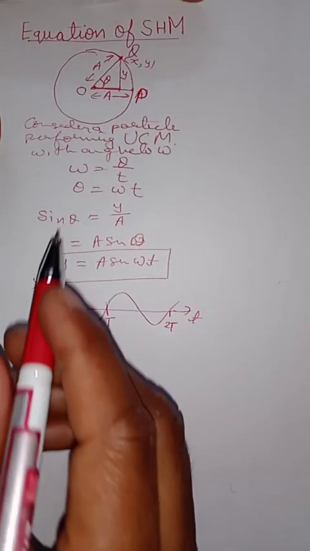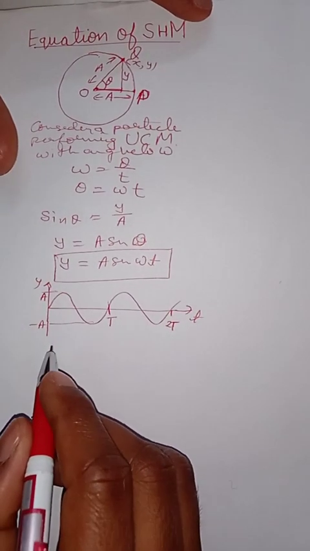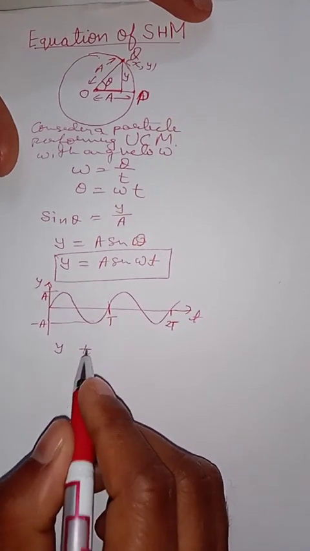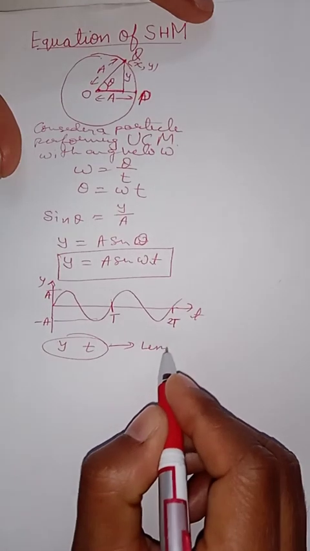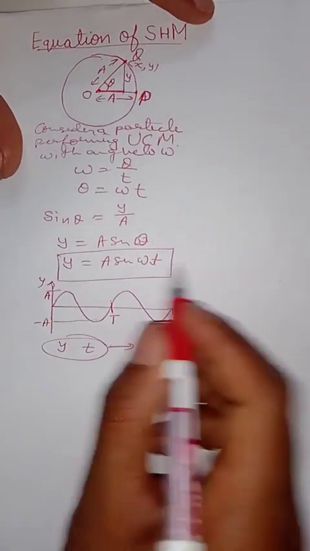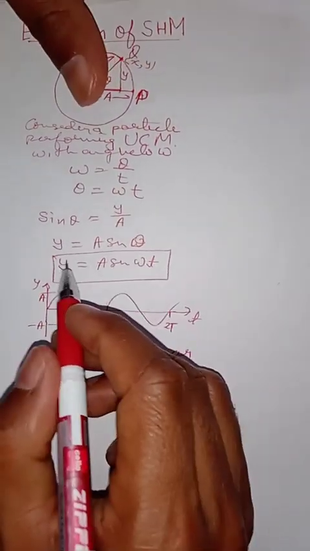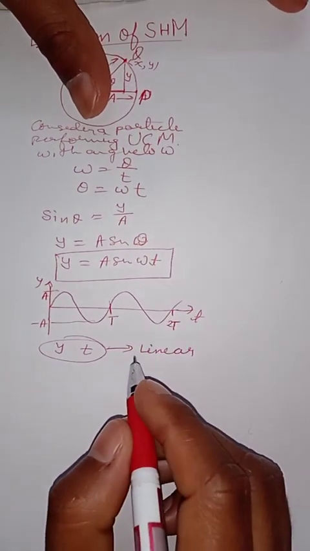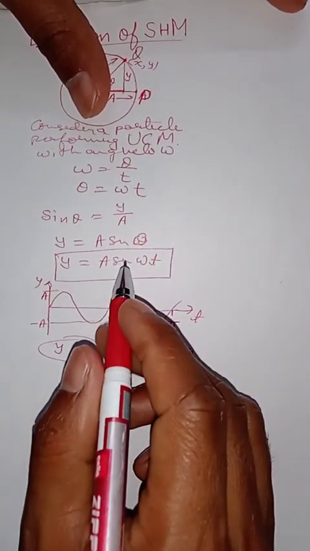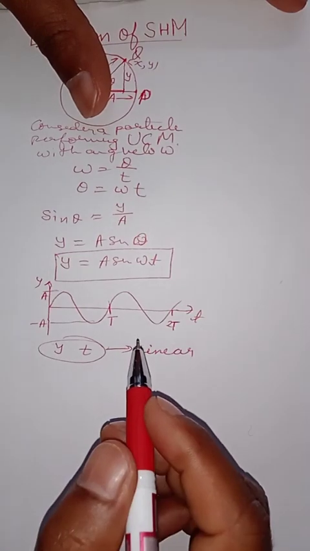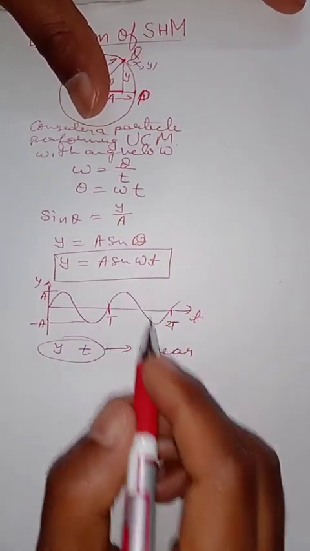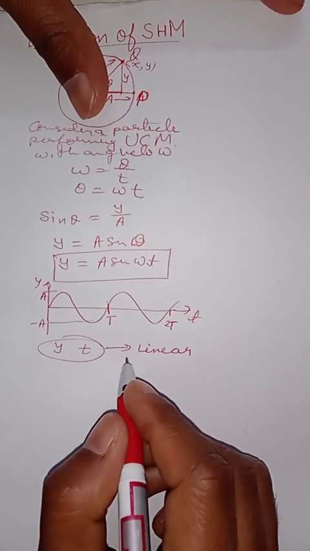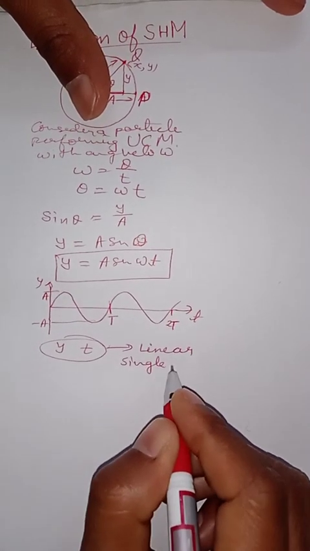So this SHM yt relation between y and t must be linear. This is a linear relation, and it should not have some powers. So this must be linear, and with the single frequency term.